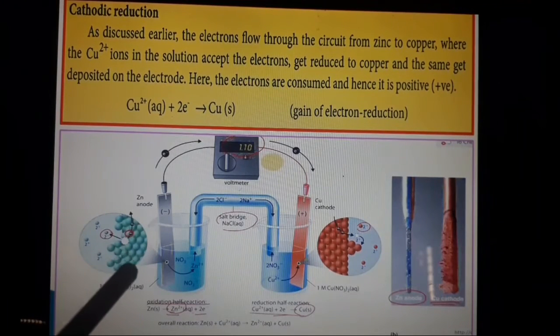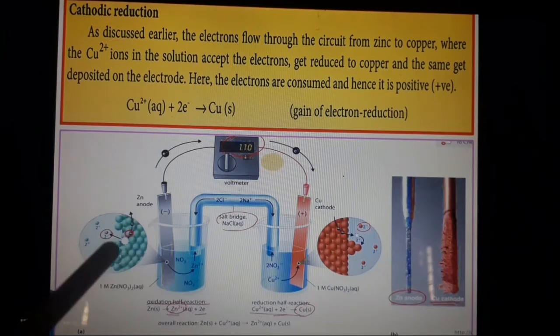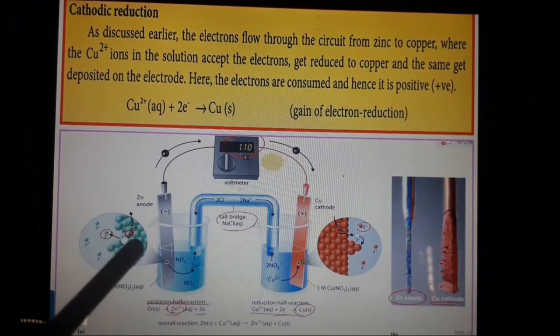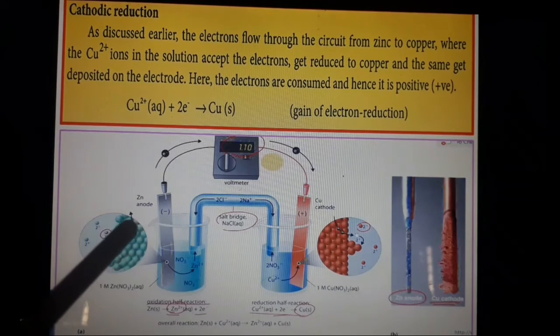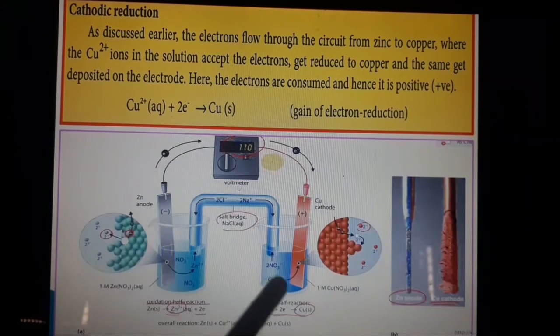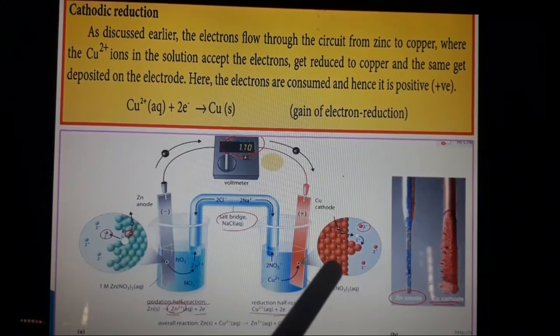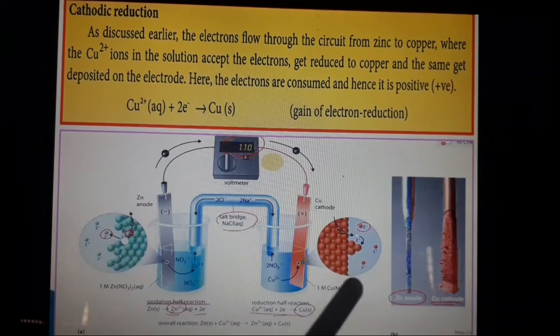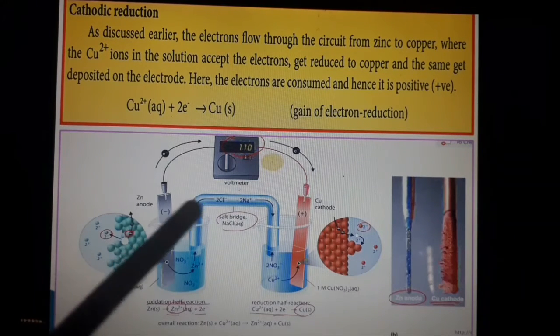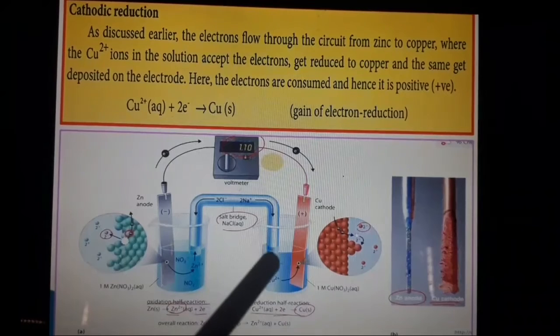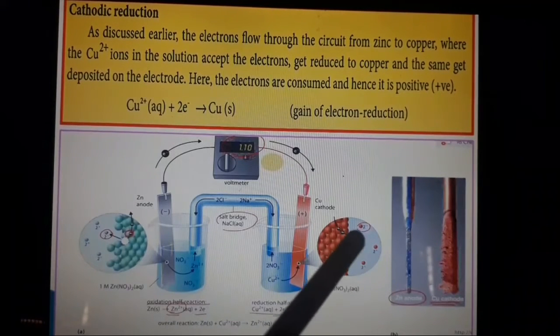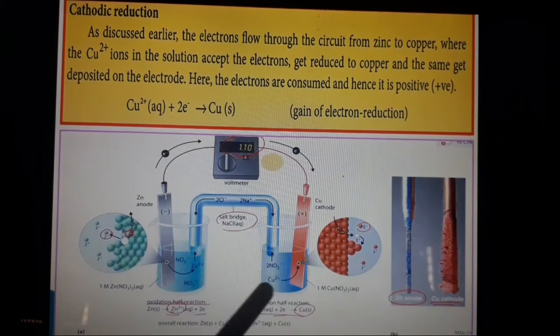In the next beaker, copper sulfate accepts the electrons and changes to copper. The copper metal is deposited on this electrode.